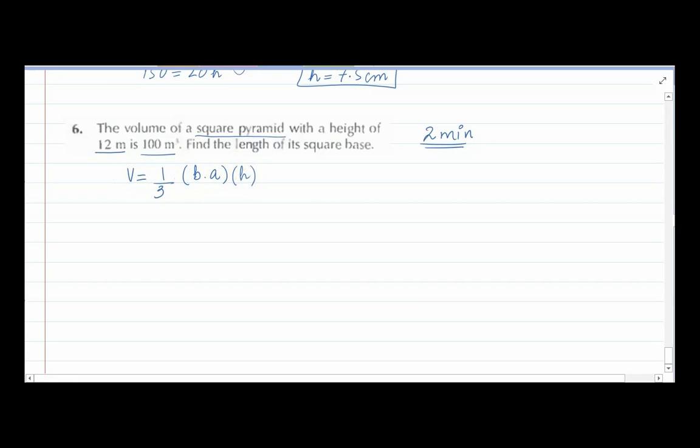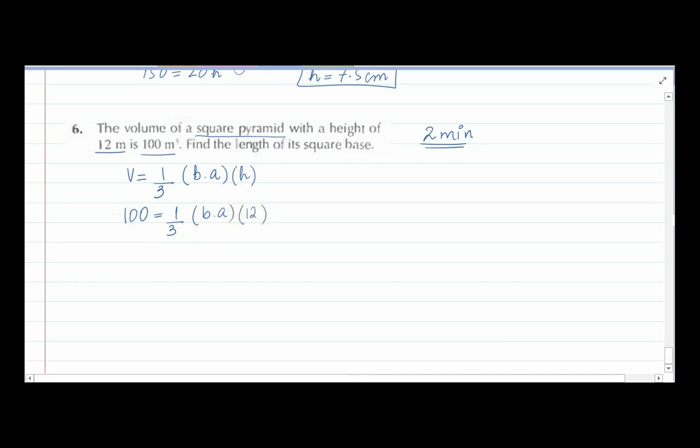If you had written it, very good. You have done 20% of the question. Very nice. Now we need to substitute the values. The volume is known, that is 100 is equal to 1 over 3. Base area is what we are looking for, and height is 12 meter.